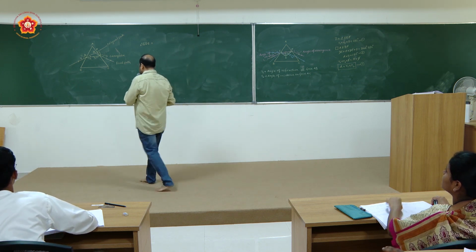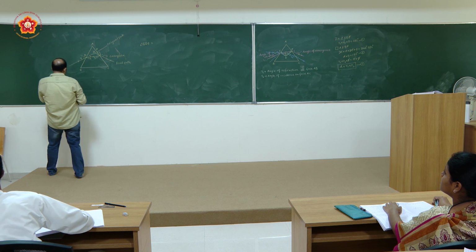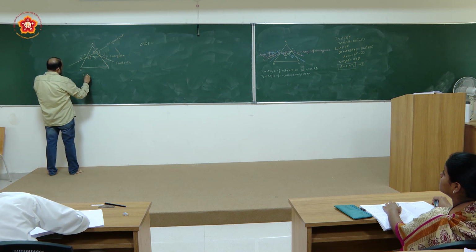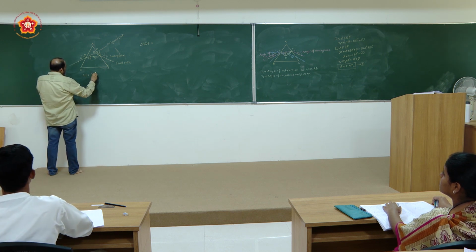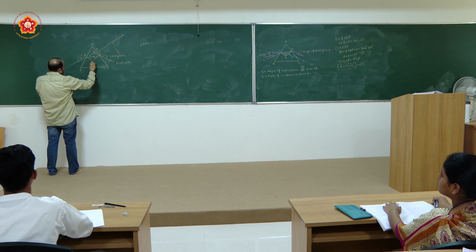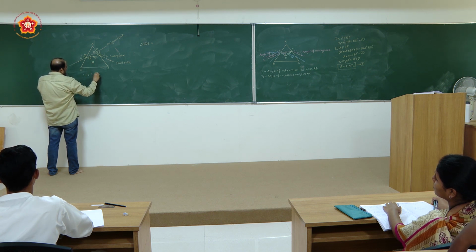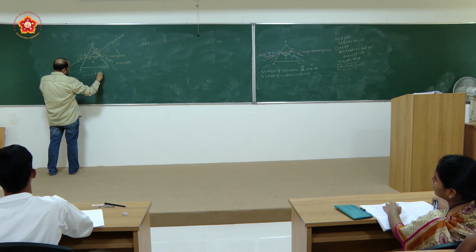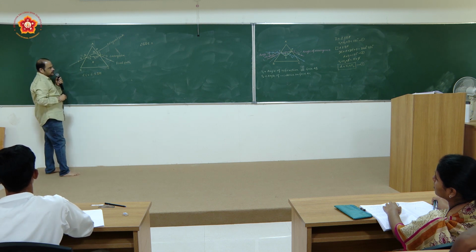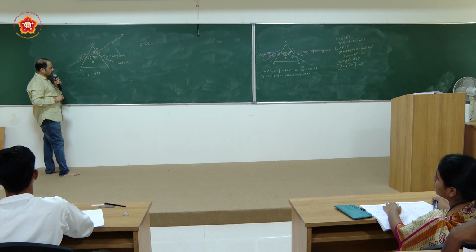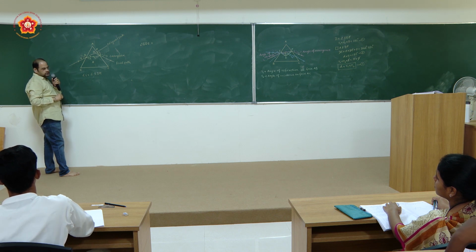Can I say here that angle I is equal to angle GDF? I have taken up to F. I can take H, angle GDH. Can I say that angle I is equal to angle GDH? So can you tell me what will be GDE now?